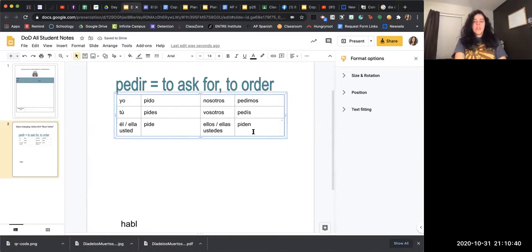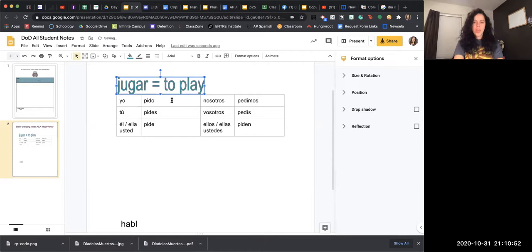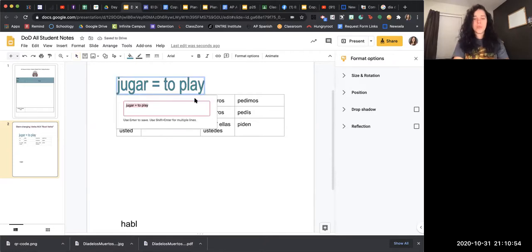Okay. I hope you're getting the hang of this. Jugar is an interesting one. Jugar is to play. Okay, and the stem for this one is actually U to UE, and this is a very rare stem.